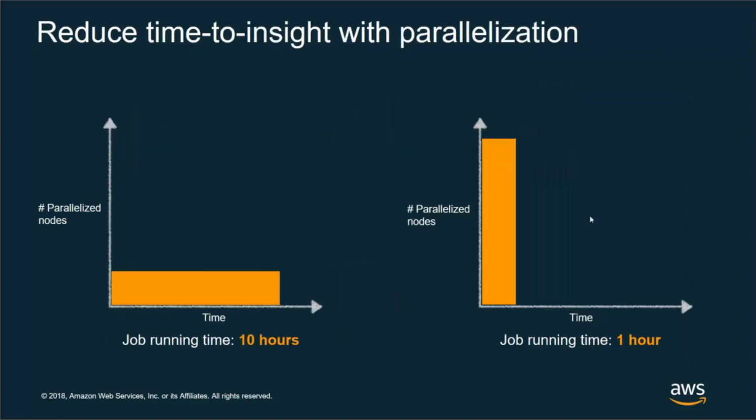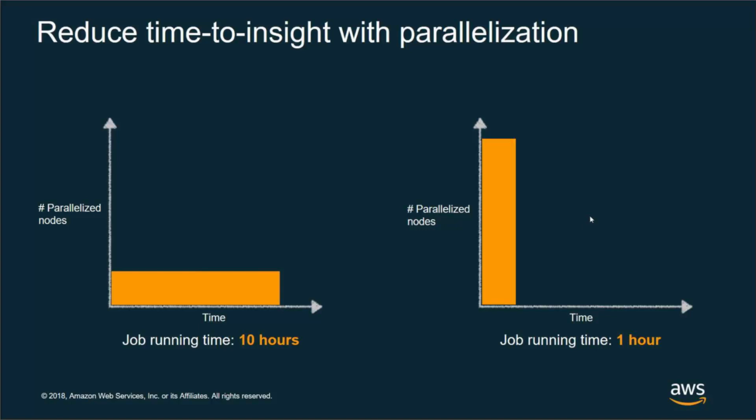If you think about the scale point, think about when you're running a job with 10 instances for 10 hours. If you can achieve 10 times that scale with EC2, with the underlying infrastructure that's going to run your Spark executors, you're going to actually parallelize the job and cut down the execution time from 10 hours to 1 hour if you're running 10 times the amount of compute.